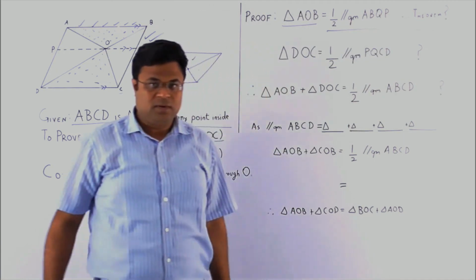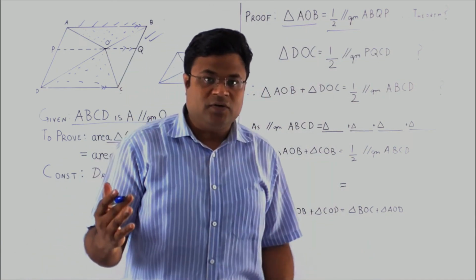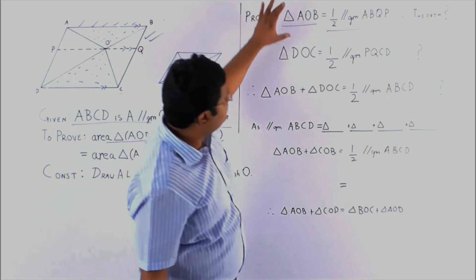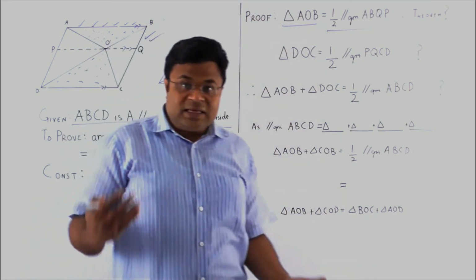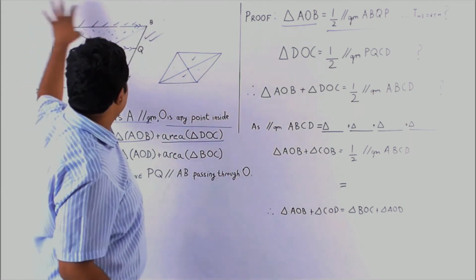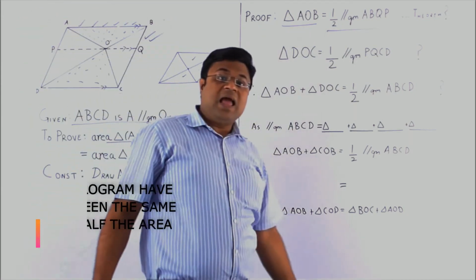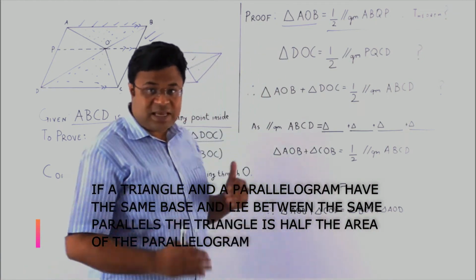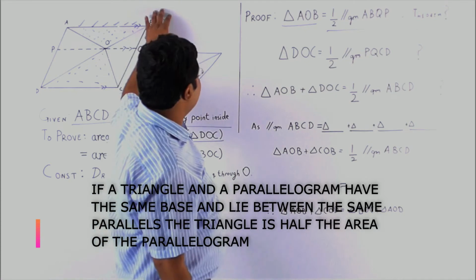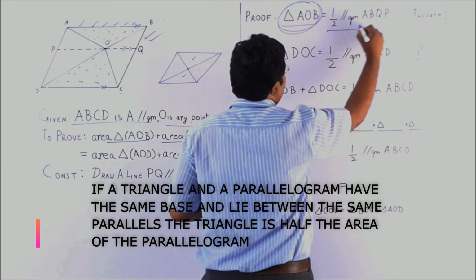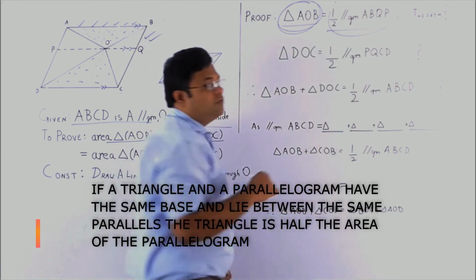Which theorem? I'm giving you time to think about the theorem right now. It is that if a triangle and a parallelogram have the same base and lie between the same parallels, then the triangle is half the area of the parallelogram.